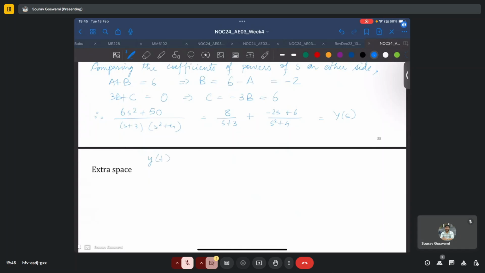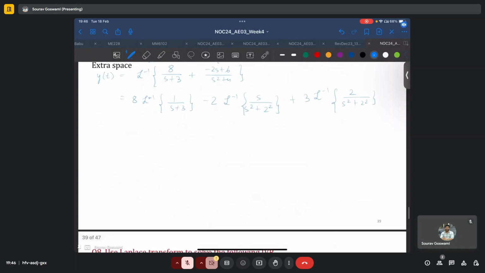Y of t, the original function that we are looking for, is the Laplace inverse of y of s, and so y of t is the Laplace inverse of 8 by s plus 3 plus minus 2s plus 6 by s square plus 4, which is 8 times Laplace inverse of 1 by s plus 3 minus 2 times Laplace inverse of s by s square plus 2 square plus 6 times the Laplace inverse of, or maybe a cleverer way to write this would be 3 times Laplace inverse of 2 by s square plus 2 square.